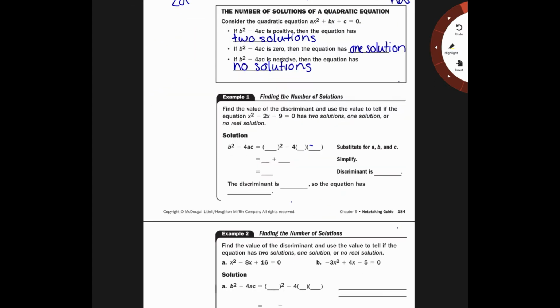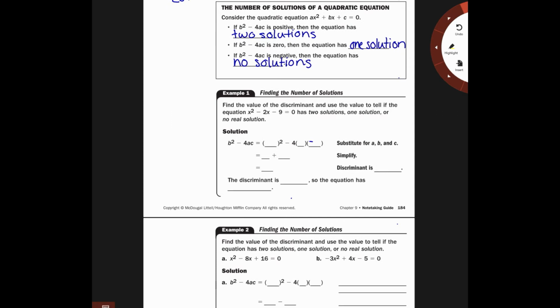Now, to find the number of solutions, it's pretty simple, but I want to remind you that you need to have the equation in the form ax squared plus bx plus c equals 0 before you can decide what a, b, and c are. Here this equation is in that form, and it has an a of 1, a b of negative 2, and a c of negative 9.